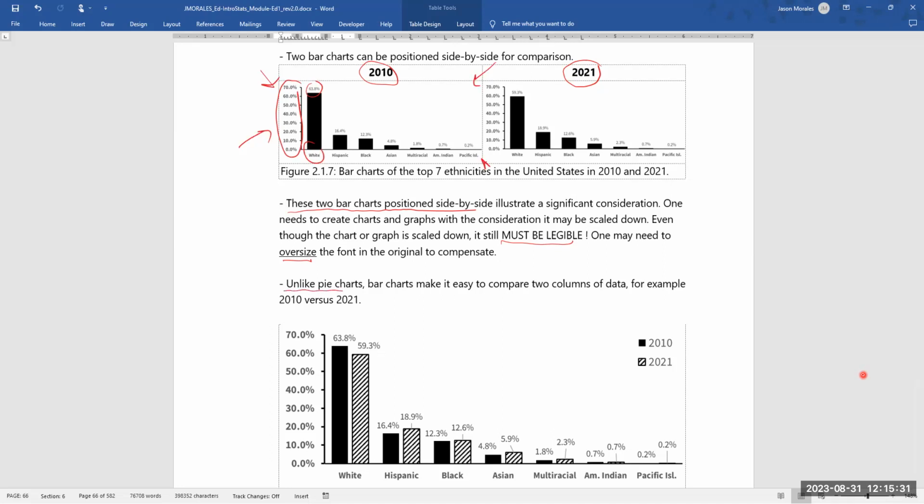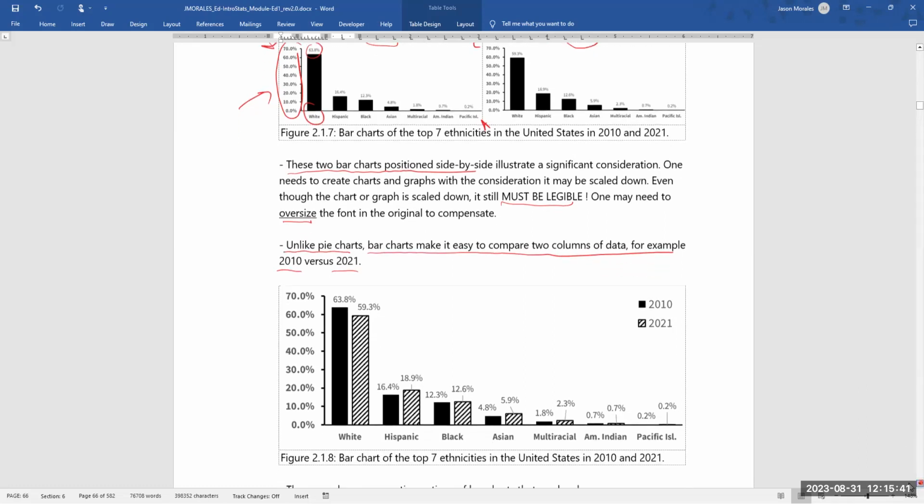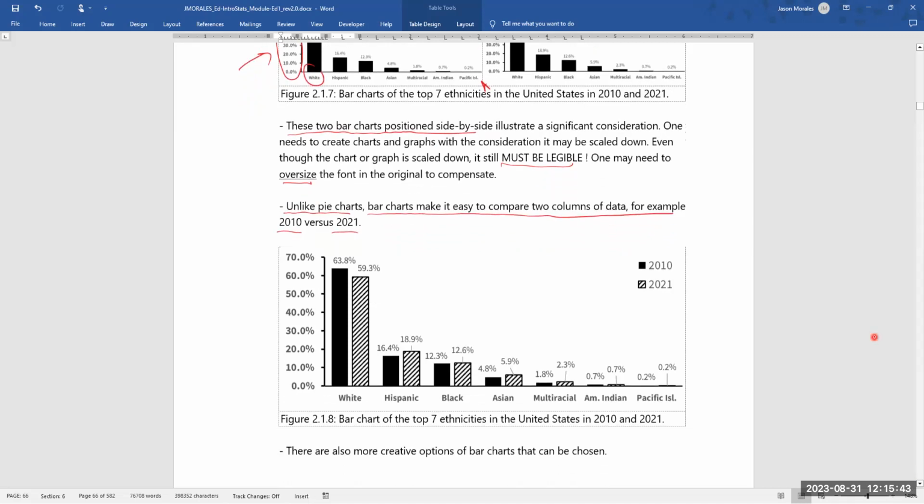Now, unlike pie charts, bar charts make it easy to compare 2 columns of data. So for example, 2010 and 2021. Here we do have a legend, but this is really simple to read and understand. Black shading is the 2010 data, and this diagonal shading is the 2021 data.